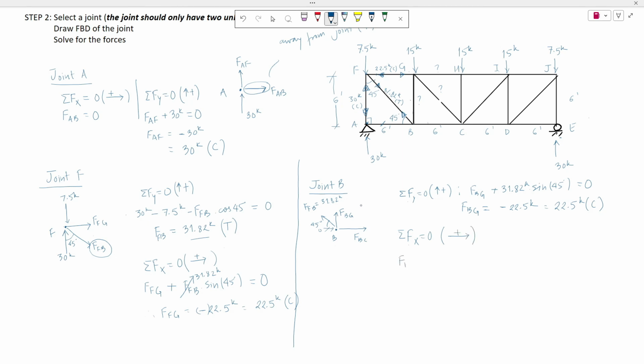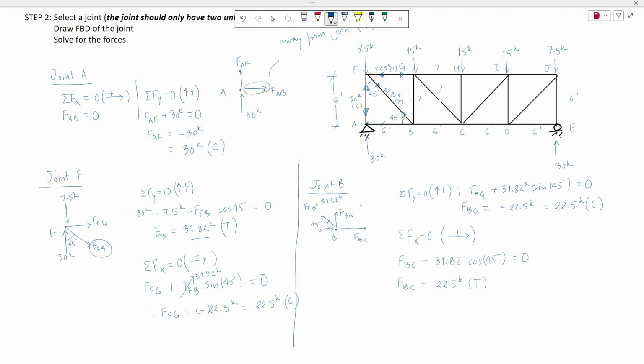We have member BC and the horizontal component of FFB, that is minus 31.82 cosine of 45 degrees. Summation of all these forces is 0. Calculating, we get FBC equal to 22.5 kips, which is actually in tension.